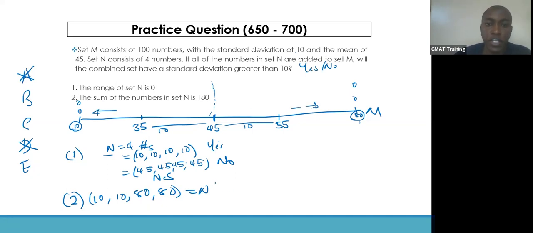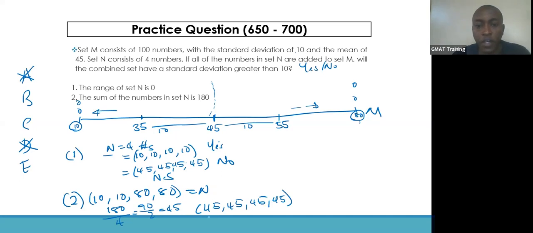What if the numbers in set N are 180 divided by 4? You can have 90 divided by 2, this is 45. What if all 4 numbers are the same, 45, 45, 45, 45? Then all 4 data points are at the middle, at 45, and therefore the standard deviation decreases from 10 to a lower value.